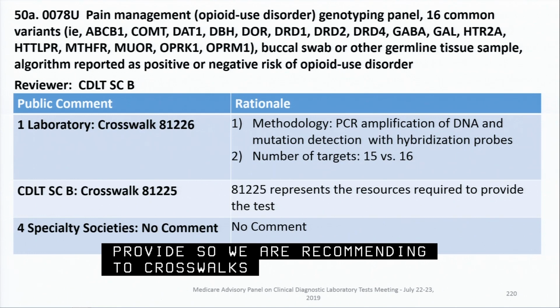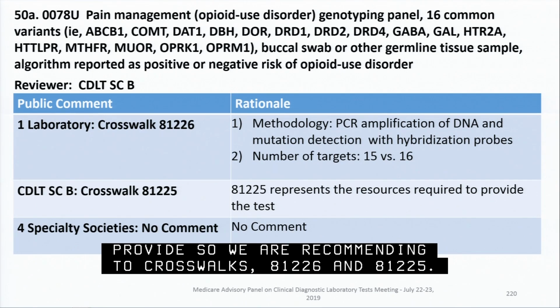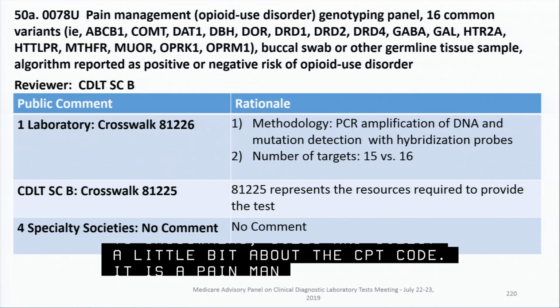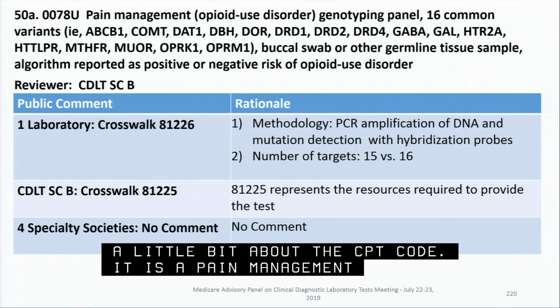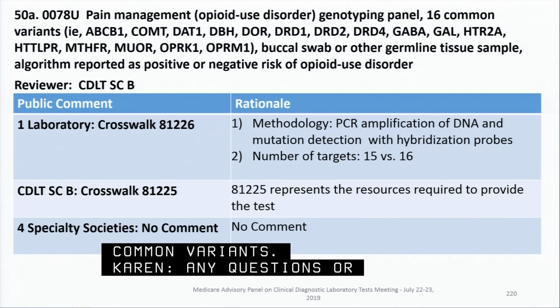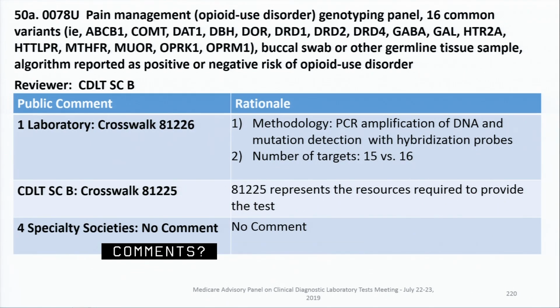A little bit about the CPT code that we're talking about. As you mentioned, it's a pain management code, a genotyping panel to look at 16 common variants. Any questions or comments from Dr. Baselski? No. Any questions or comments from those here in the room?